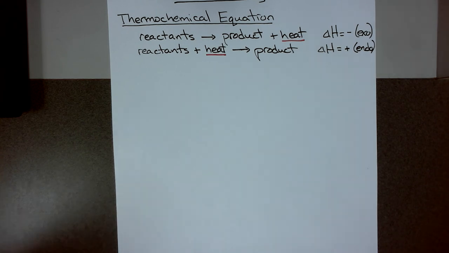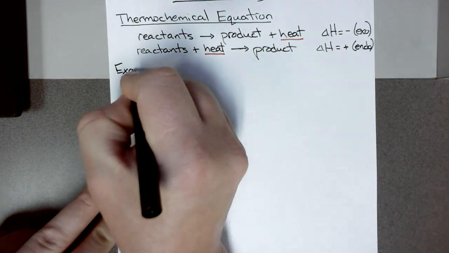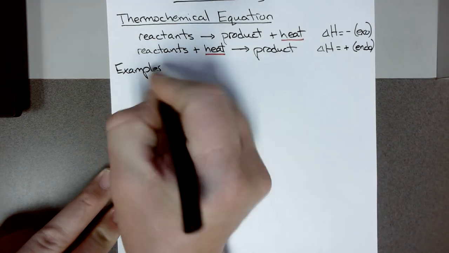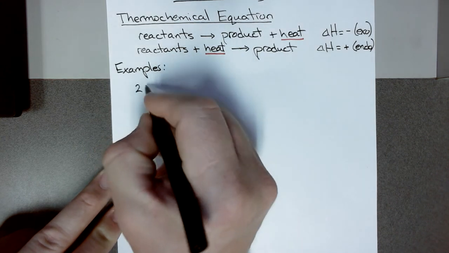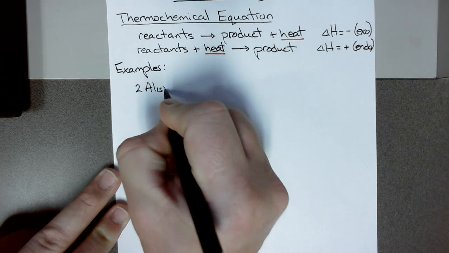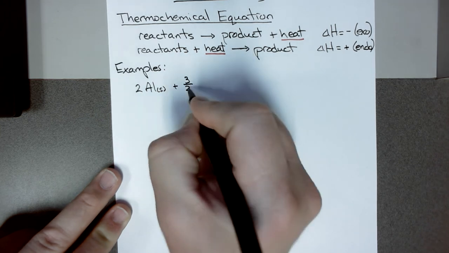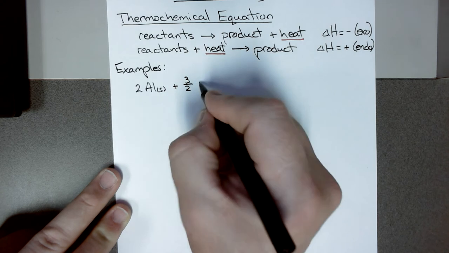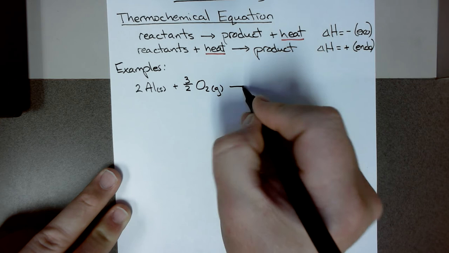So for example, if we take 2 moles of aluminum solid plus 3/2 moles, and I'll explain why we have a fraction here in just a minute, I know, even though we haven't had fractions before as coefficients.